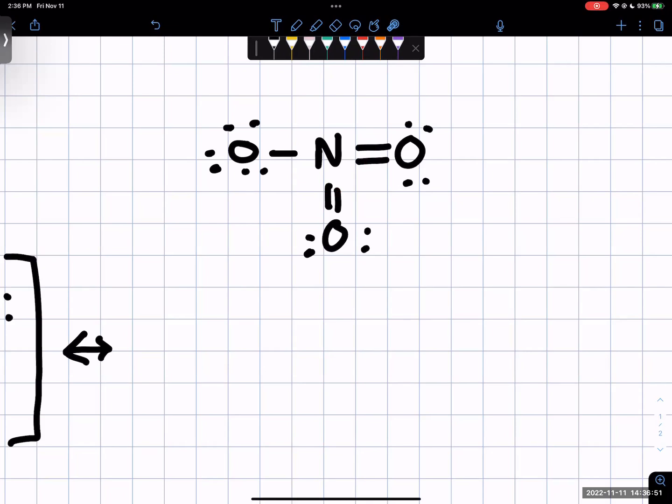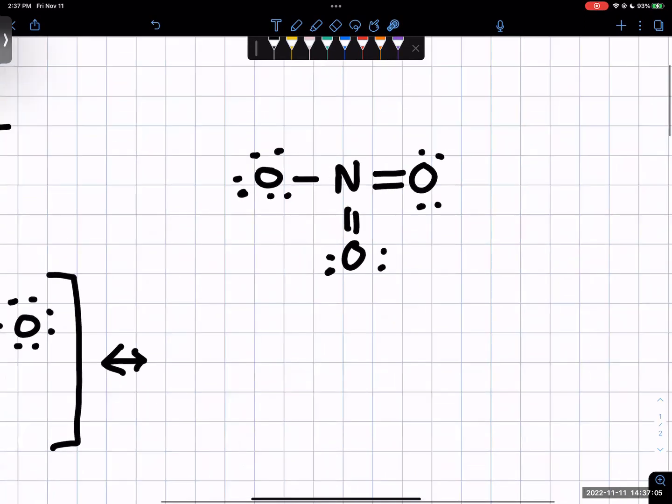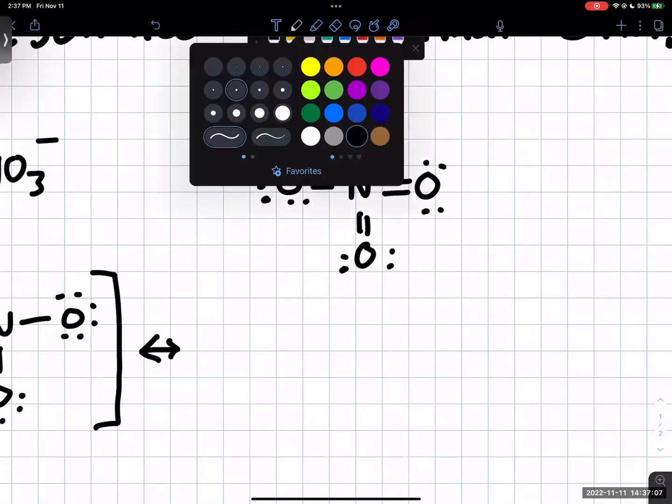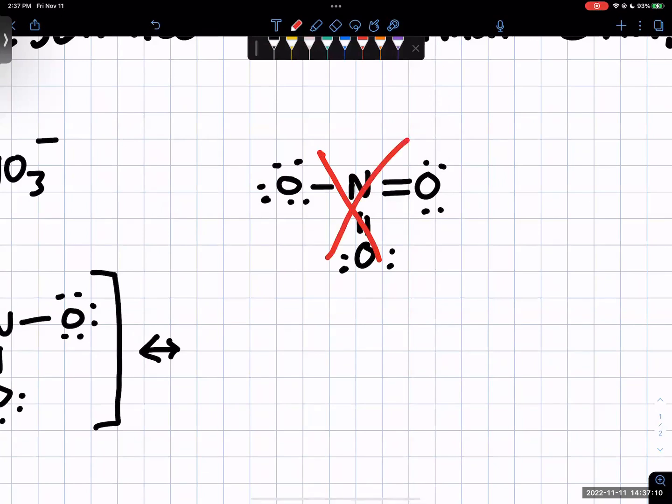Not saying that it's impossible for all elements, but here nitrogen is the central atom, and it's impossible for nitrogen to have an expanded octet because it's only in the second energy level, which does not contain a D subshell. So this would be invalid if we put this down.